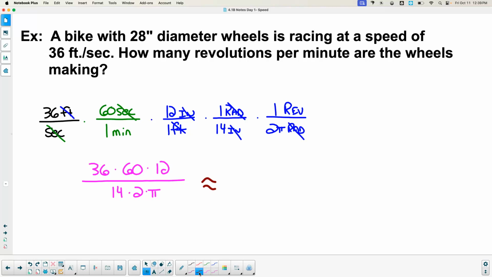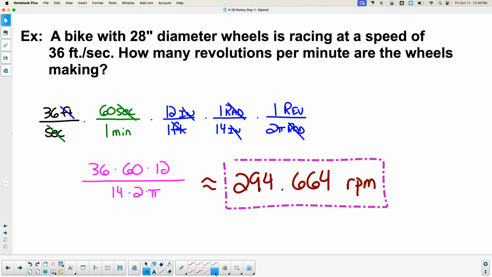And then I will say, no, no, no. I get 294.664 revolutions per minute. Lay it on me. What's wrong then? Nothing. That's the right answer. Some people are scared to say that they got 2,096.